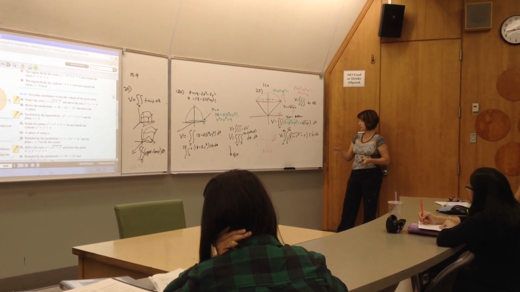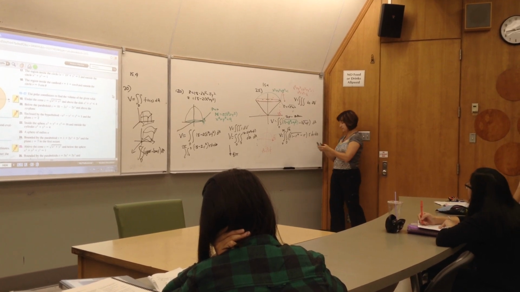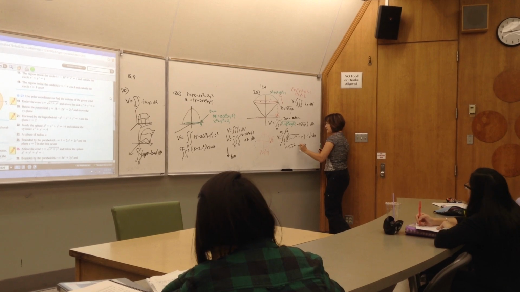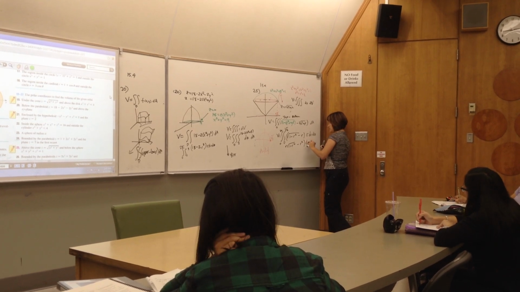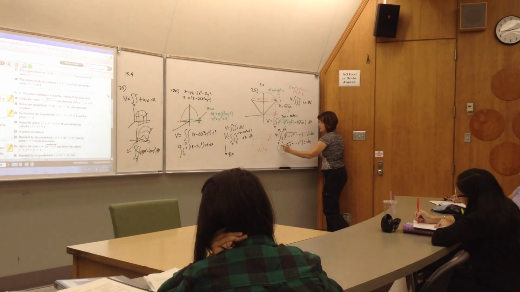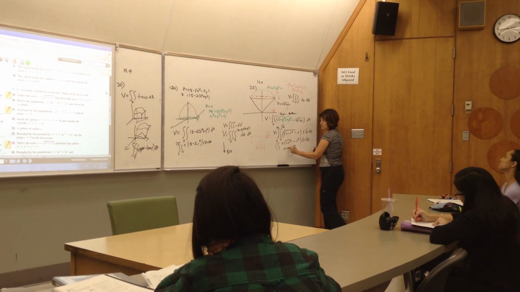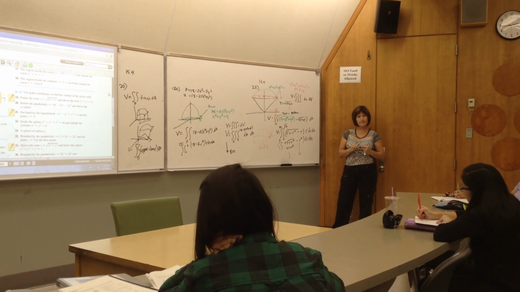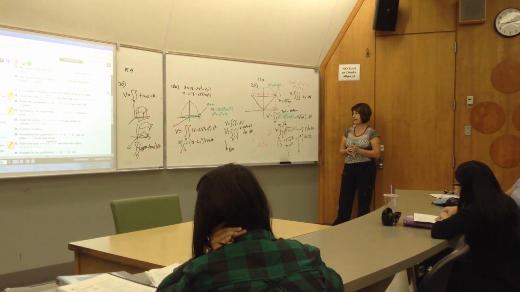Okay, that's okay to integrate. R times radical 1 minus r squared, and then minus r squared. This one you use substitution, and this one is straightforward.